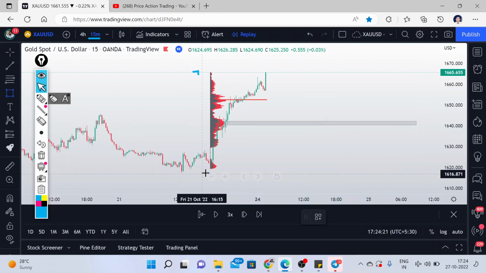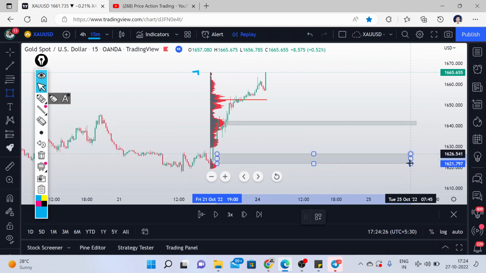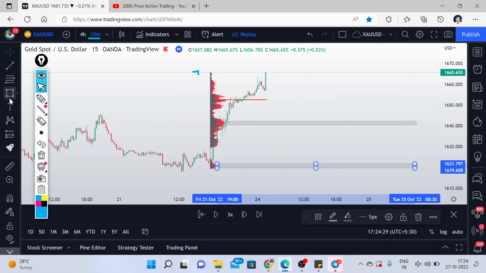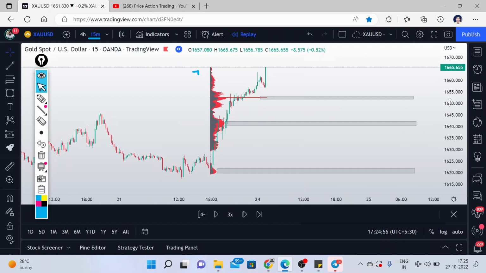This is also a good high volume area, this one right here, and this red line generally indicates a POC. POC means point of control. This is the highest traded point, and at this price level most of the volume traded. So you can extend this also like this. You can use these as per your convenience.